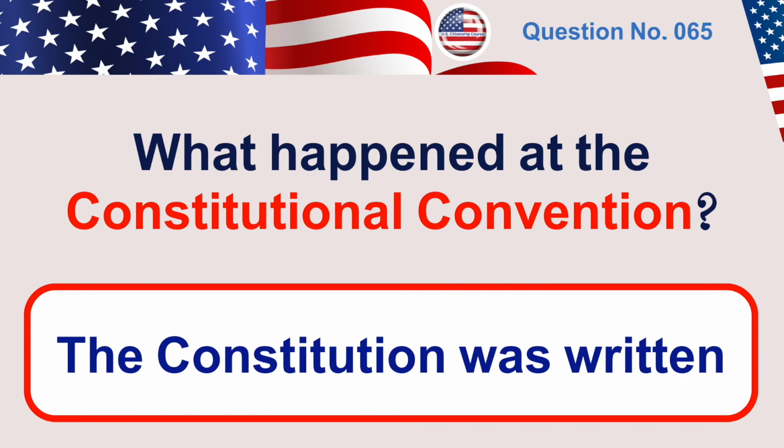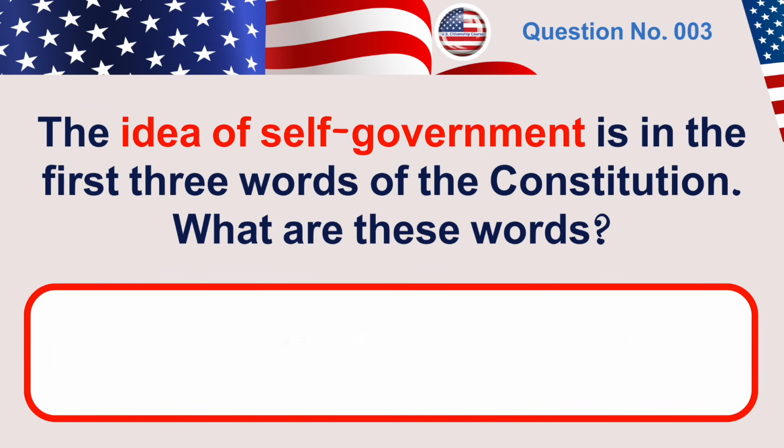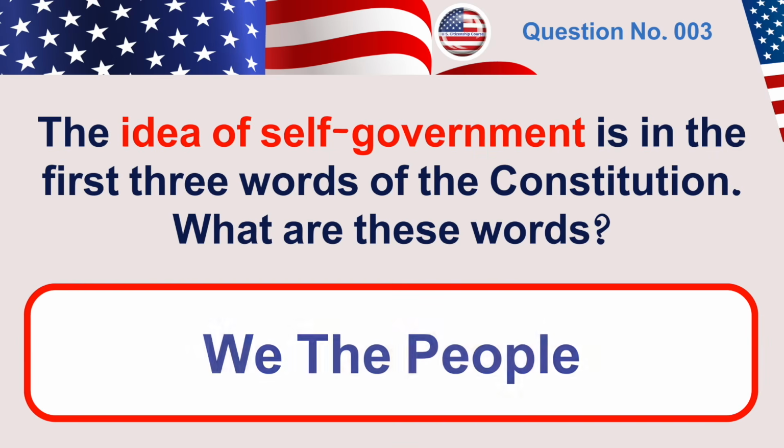The Constitution was written. The idea of self-government is in the first 3 words of the Constitution. What are these words? We the people.